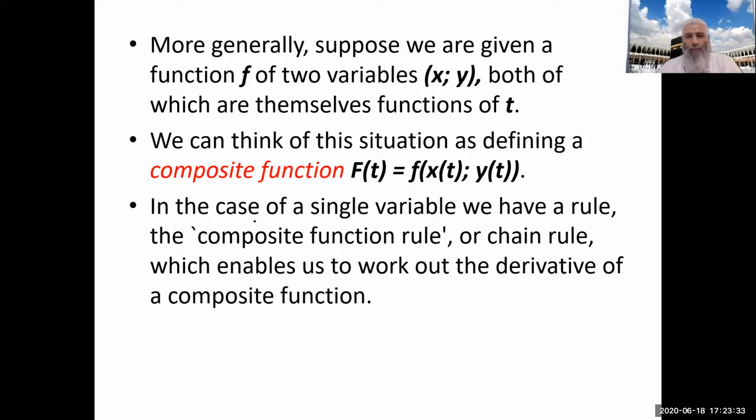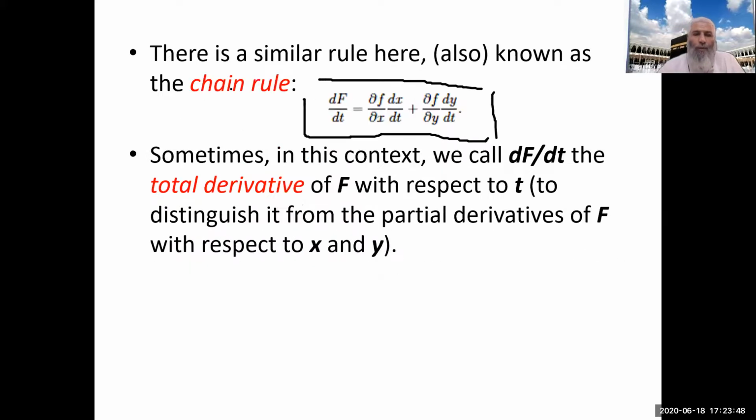In the case of a single variable, we have a rule, the composite function rule or chain rule, which enables us to work out the derivative of a composite function. There is a similar rule here, also known as a chain rule.